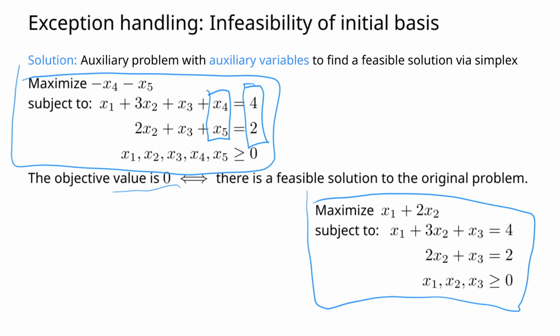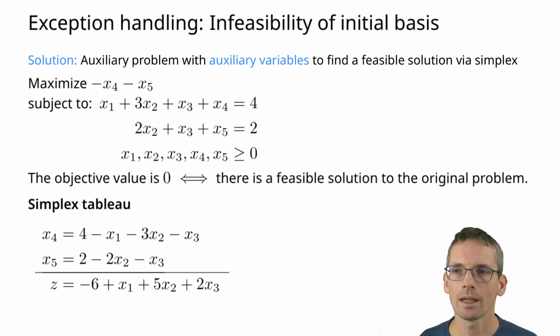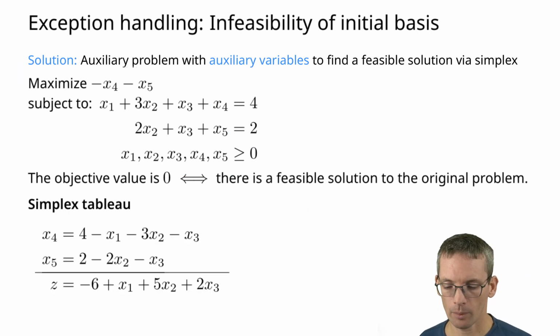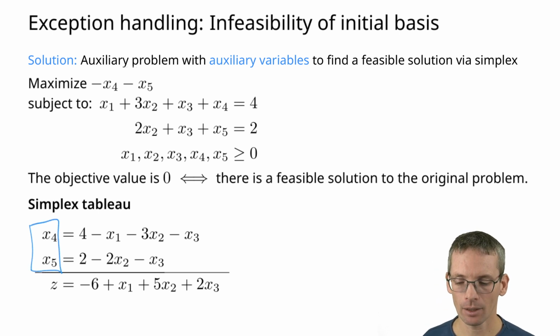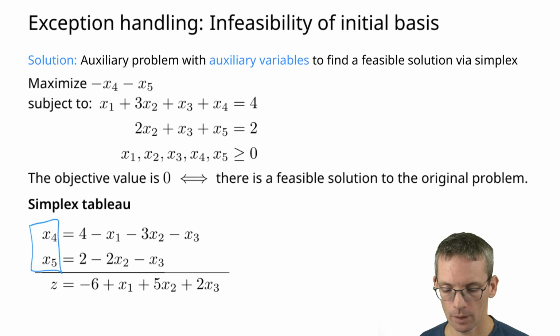But now we can easily make b non-negative by, let's assume there would have been a -4 here, then we can simply multiply that constraint with -1 and make sure that b is positive, and then only put in the auxiliary variables. We here have a simplex tableau with x4, x5 as basic variables expressed in terms of the other variables, so everything up to x3.